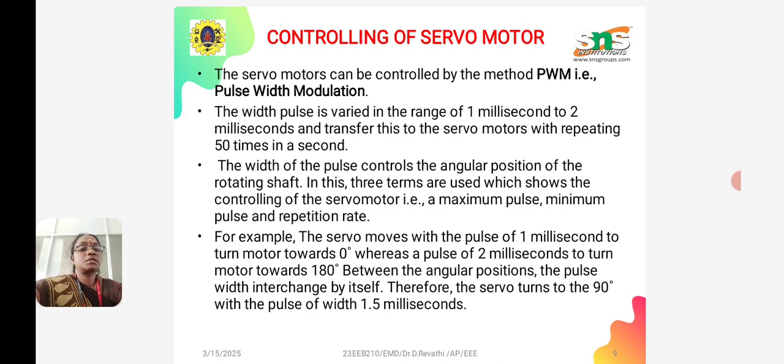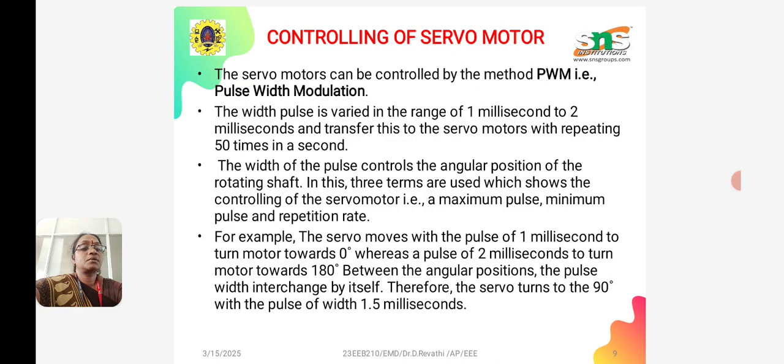For example, the servo motor moves with a pulse of 1 millisecond to turn the motor towards 0, whereas a pulse of 2 milliseconds turns the motor towards 180 degrees. Between the angular positions, the pulse width changes by itself.